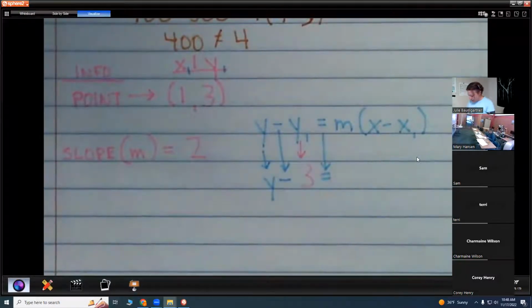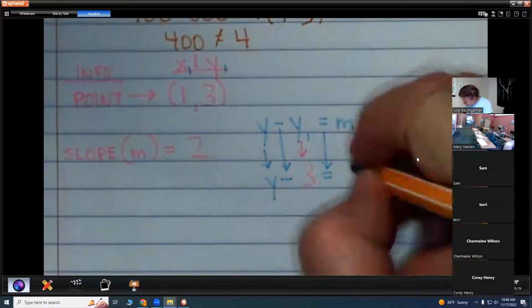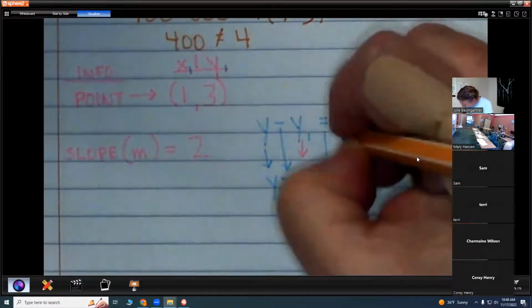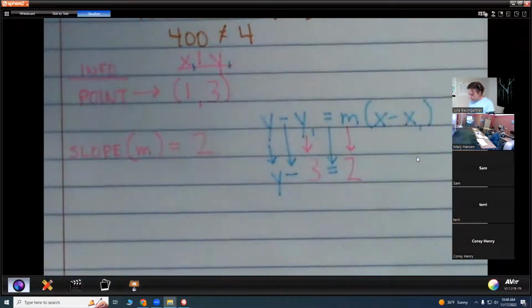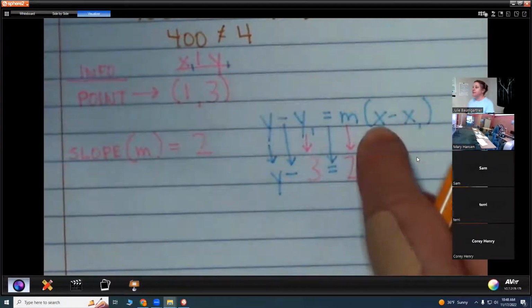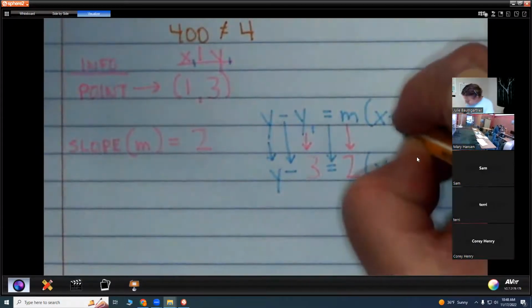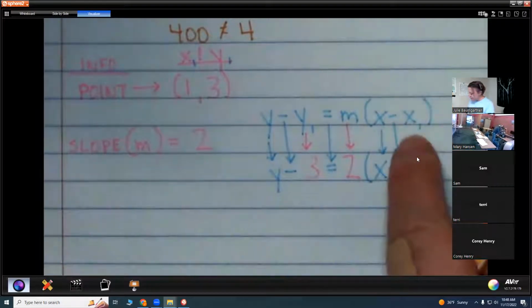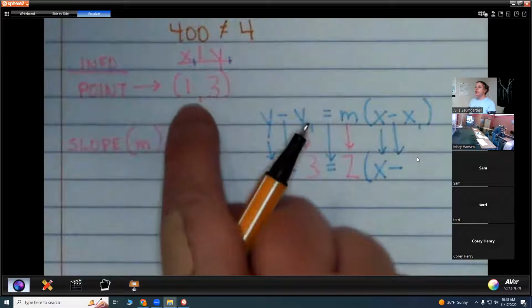All right, so we'll put in our slope, that's coming from here. And then just like our y, our regular x comes down. So does our minus sign. And then we go back to our point.